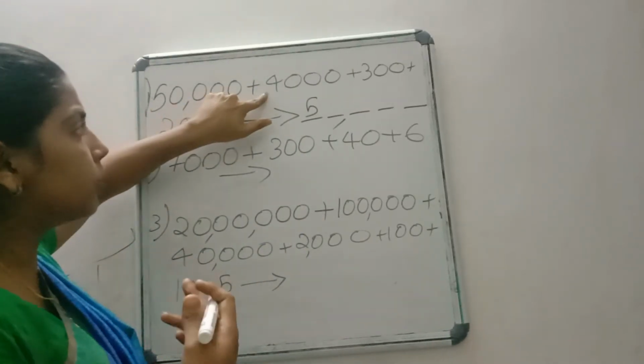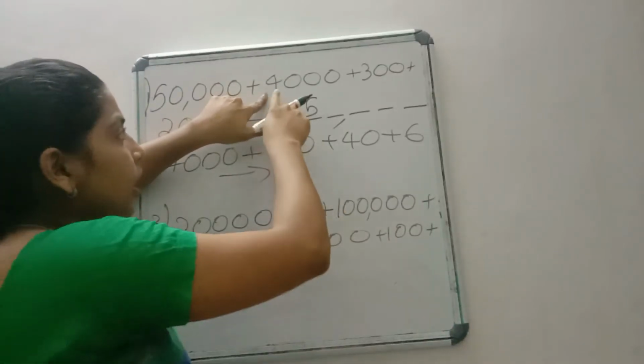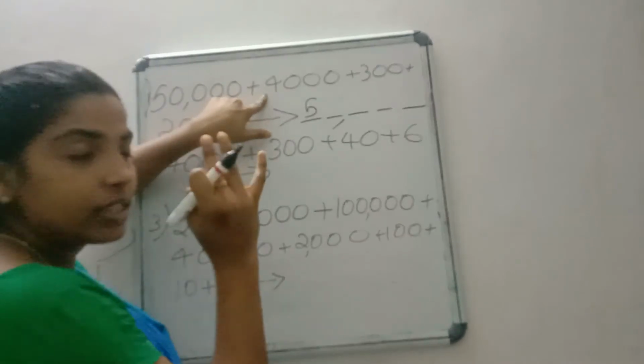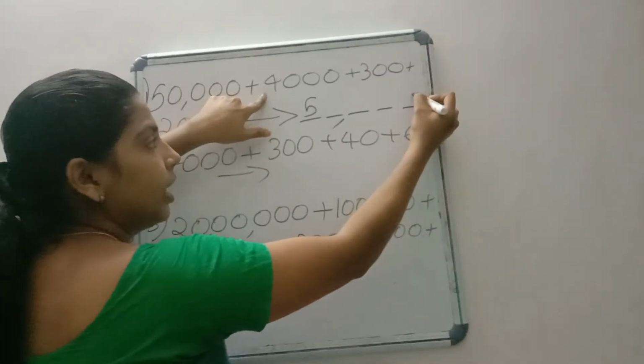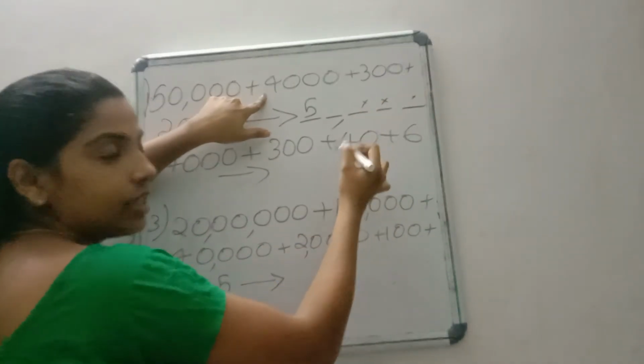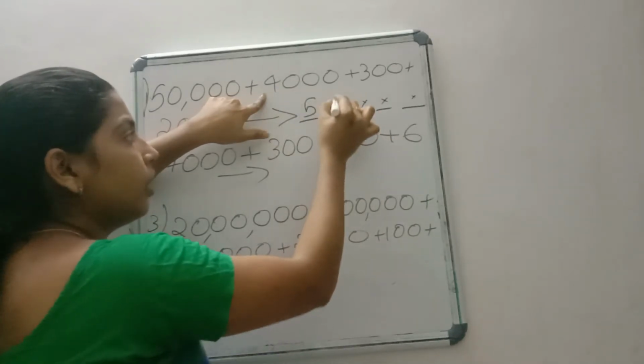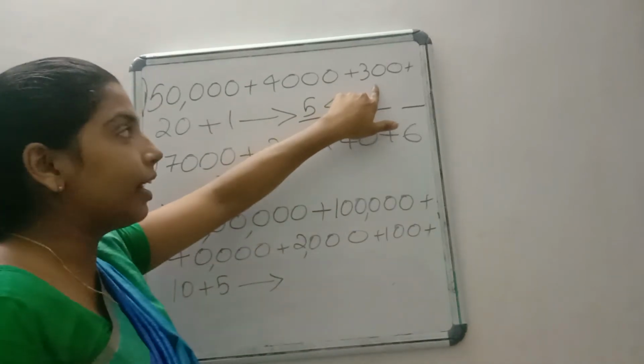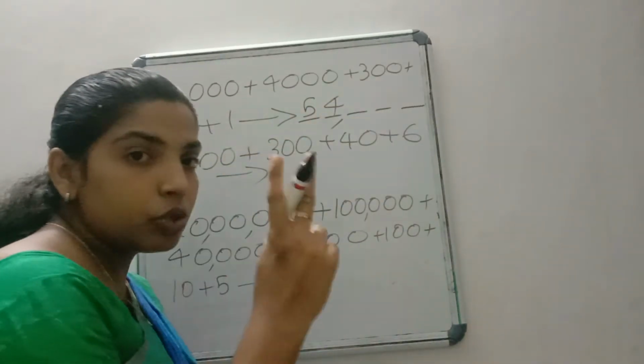And now go to the second number. See, this is a 4-digit number. How many zeros are there? 3 zeros. So starting from this side, leave 3 places and in the next place write that 4. Okay, now go to the next number 300. How many zeros are there? 2 zeros.